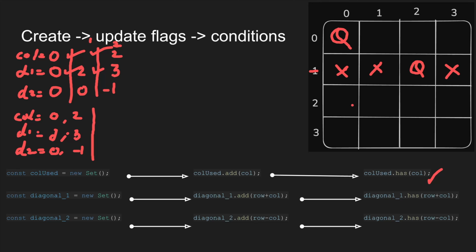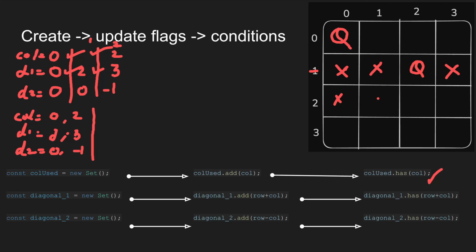Next, for this position, this column is gone, that is 0, it has it, so we go to the next column, that is column 1.